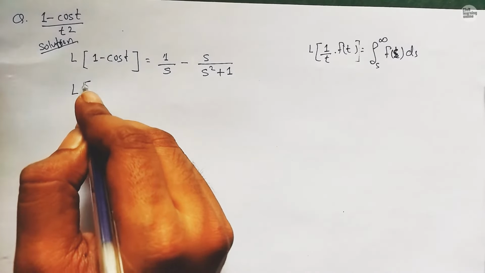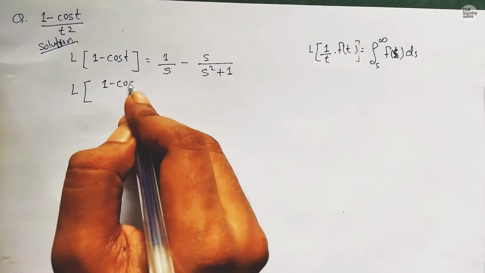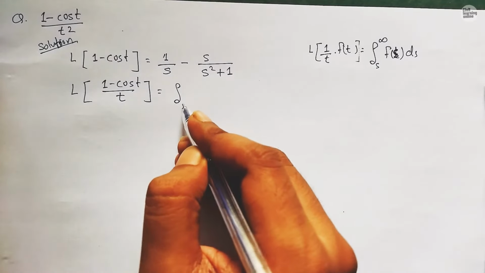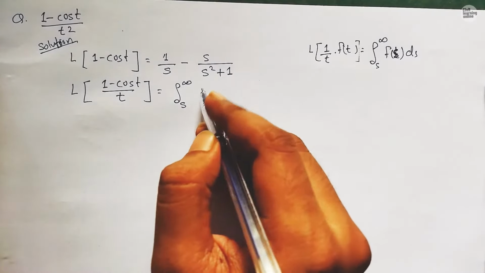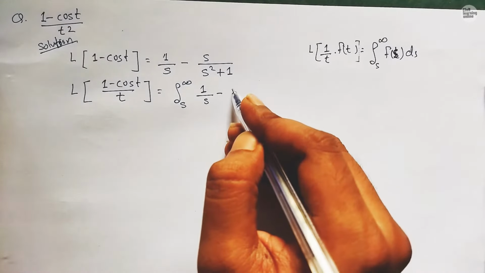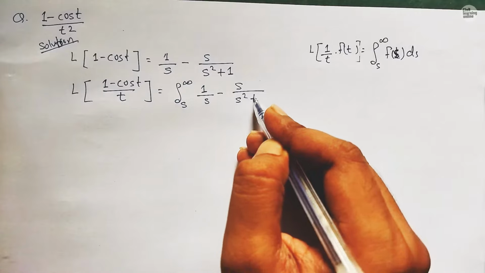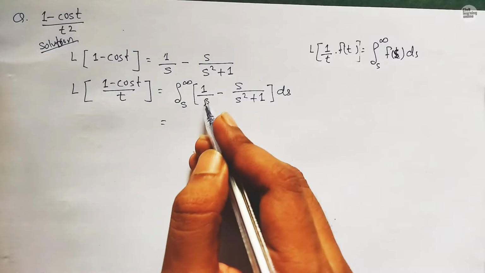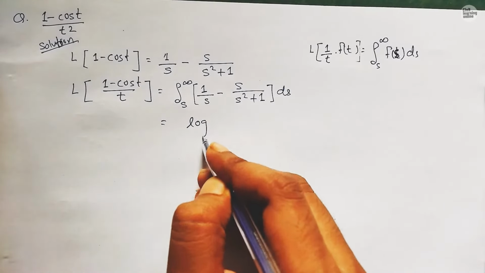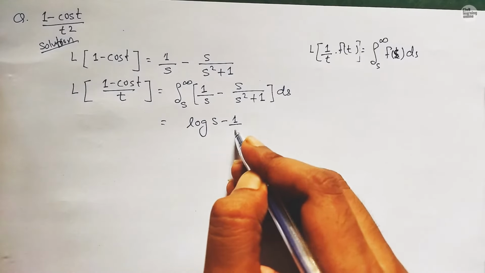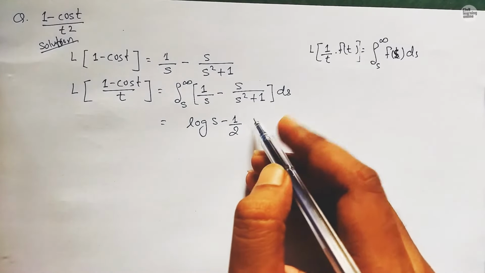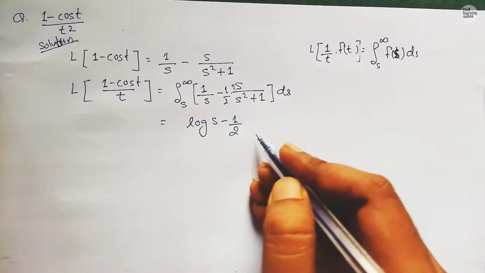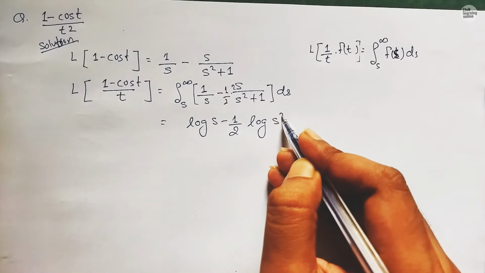So Laplace transformation of (1 minus cos t) upon t will be given by the integration from s to infinity of (1 upon s minus s upon s square plus 1) ds. So again we will have here log s minus 1 by 2, it will get 1 by 2 and 2s, so 1 upon 2 log (s square plus 1).